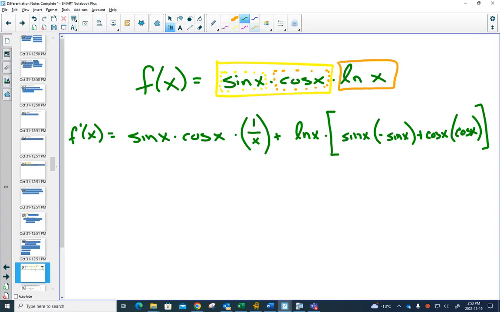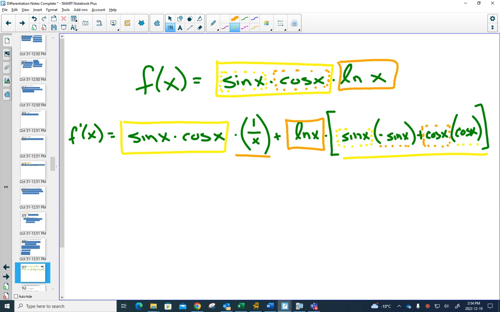So now I'm going to color code it so that you can see what's happening. Can you see we kept the yellow box the same here, and then did the derivative of the orange box? Then we kept the orange box the same. And then here is the derivative of the yellow box. But in the yellow box, you have a product rule, which meant that you kept this one the same and did the derivative of this one, then kept this one the same and did the derivative of that.